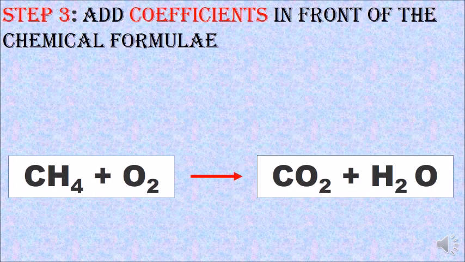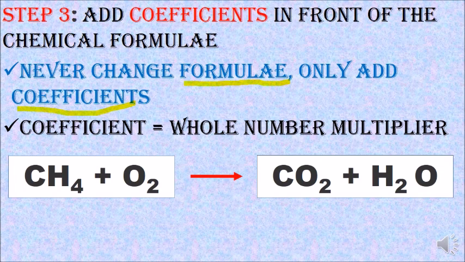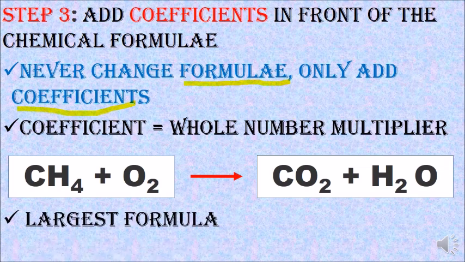Step 3. Add coefficients in front of the chemical formulae to equate the number of atoms on both the reactant and the product sides. The most important thing to keep in mind while balancing equations is that we never change the formula of the compound, that is, the subscript. We can only add coefficients. Now, what are coefficients? These are whole number multipliers.